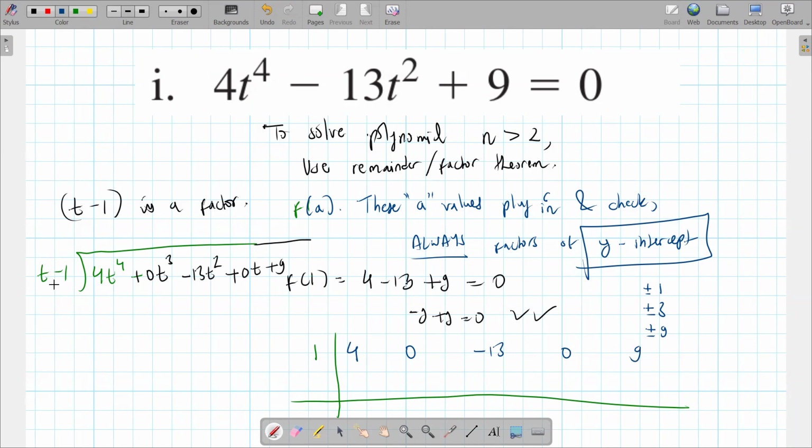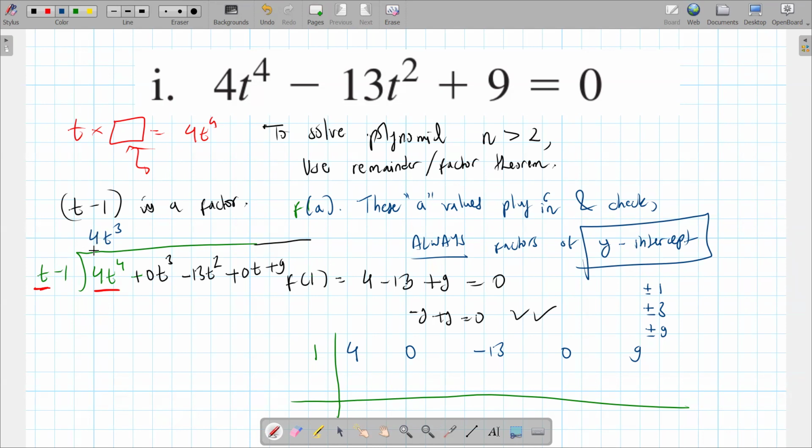Now you want to ask yourself, how many times does t go into 4t to the power 4? In other words, t times something is 4t to the 4. What is this? 4t cubed. So that's going to go up here. When you multiply one term by 4t cubed, you also have to multiply the other term, which is -1.